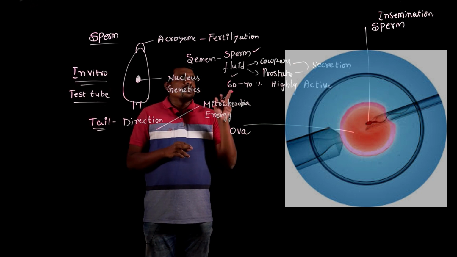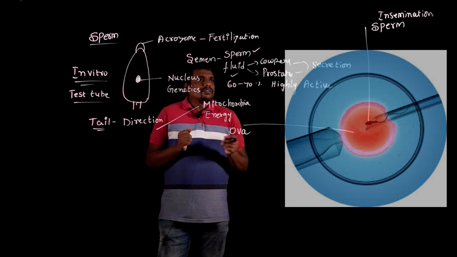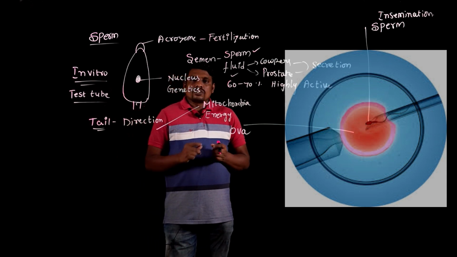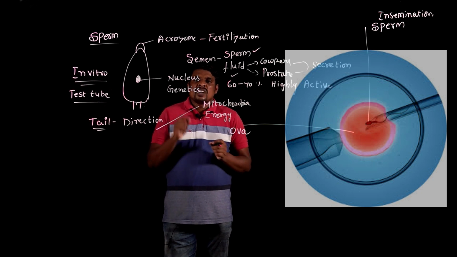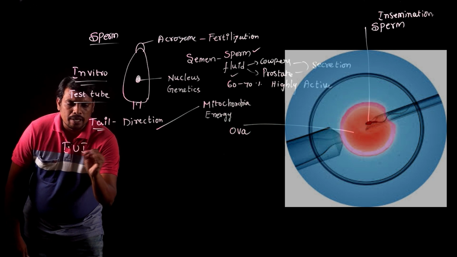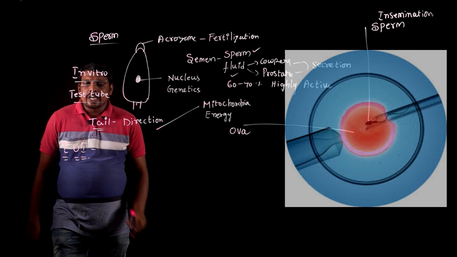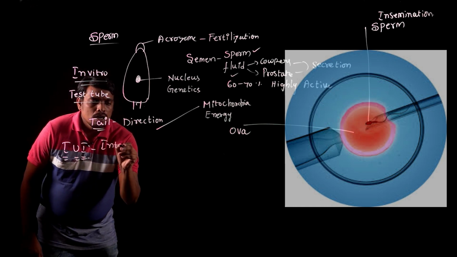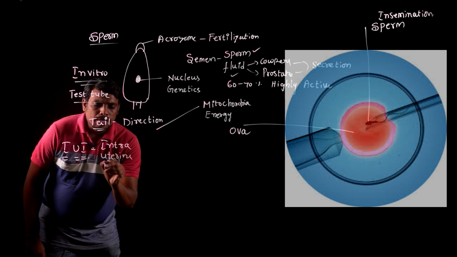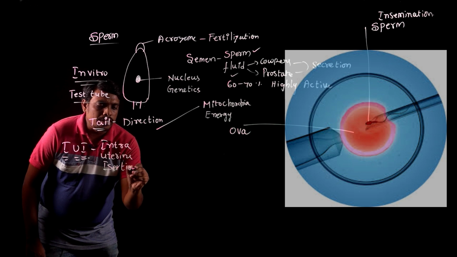In vitro fertilization generally occurs in the laboratory. There is a special lab formed by the technicians for in vitro fertilizations like IUI and IVF. IUI is intrauterine insemination, or insertion.